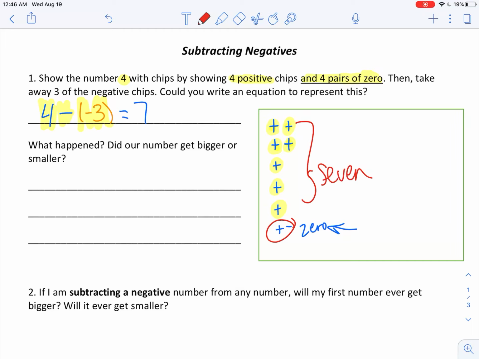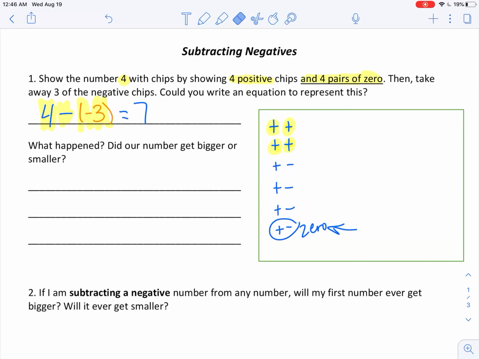So, I mean, what happened when we subtracted a negative? What happened there? Well, my number got bigger. I started with 4 and some pairs of 0. I started with 4, and when I subtracted negatives, I ended up with 7.